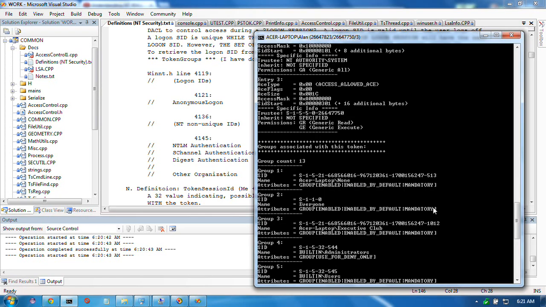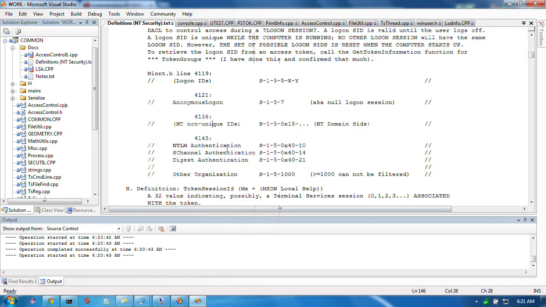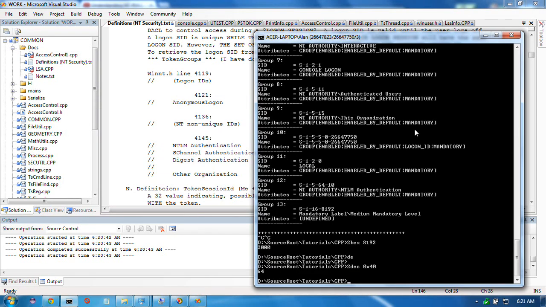40 in decimal. Maybe 64. Oh, here's a 64. So that's the LAN Manager authentication.